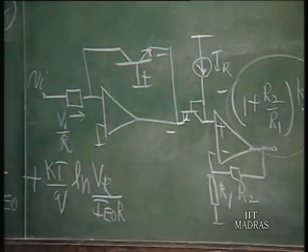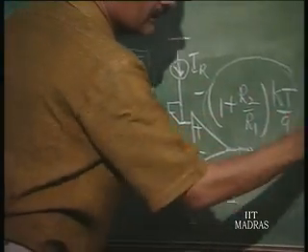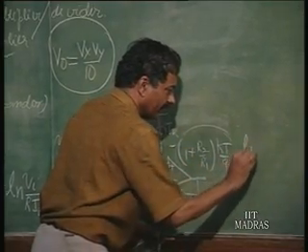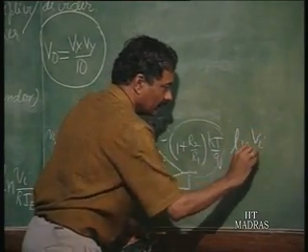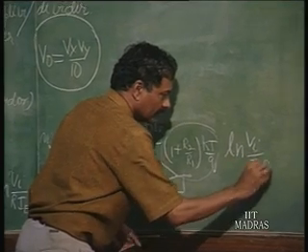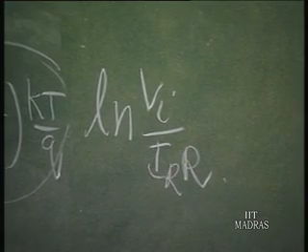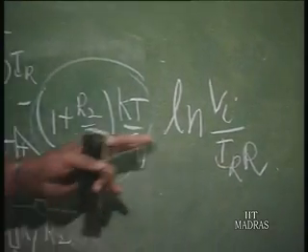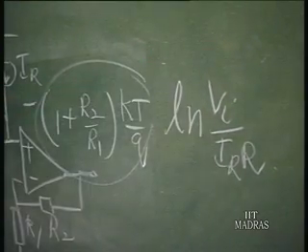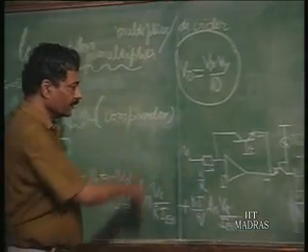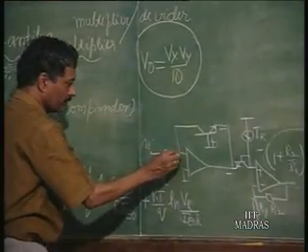That means, the whole thing now is going to boil down to a nice logarithmic amplifier, where it is going to be independent of temperature variation. This has already been compensated for temperature, this gets now compensated. So, this is what is called a temperature compensated log amplifier. The circuit is this full circuit.